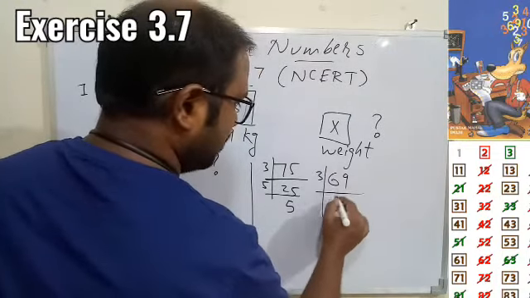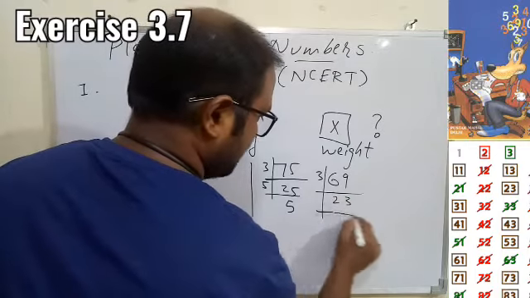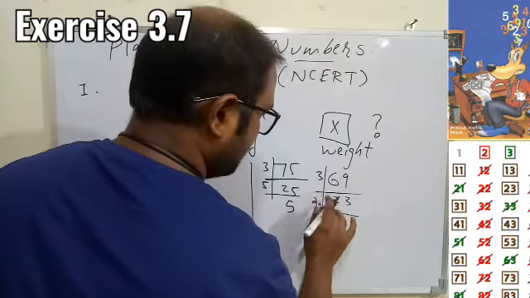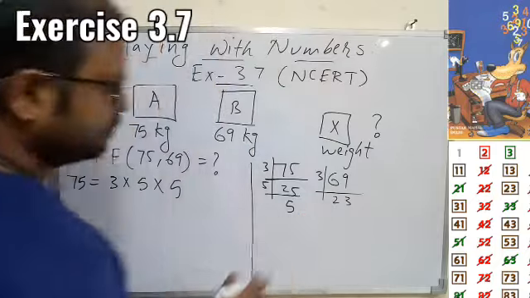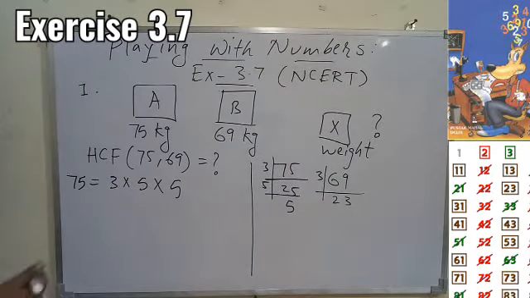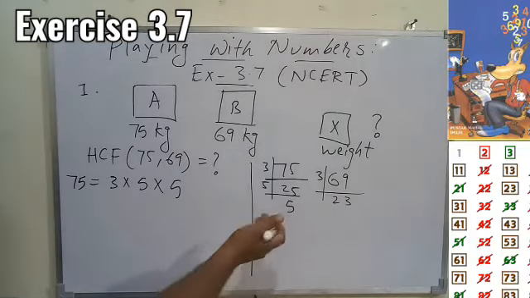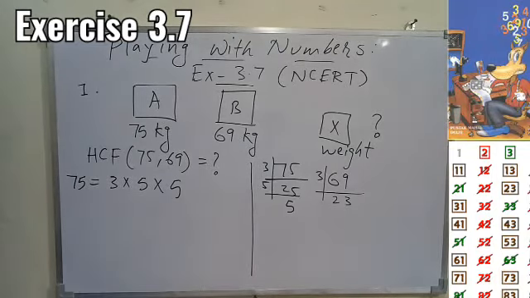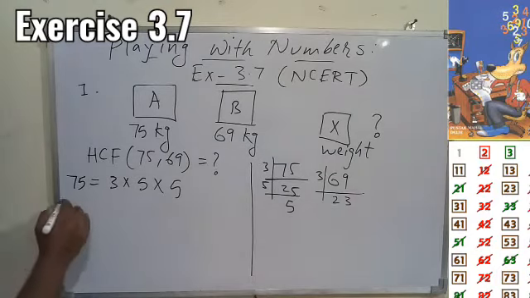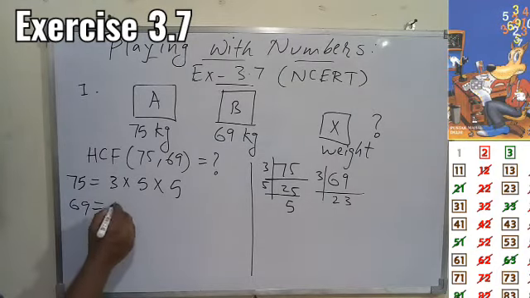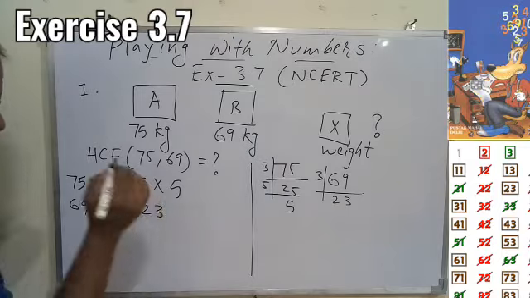For 69 we can write 3 into 23. We know 23 cannot be divided further, and 5 cannot be divided further, so both 23 and 5 are prime numbers. So 69 can be written as 3 into 23.